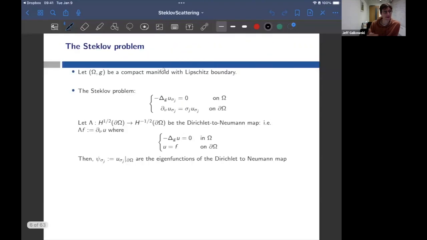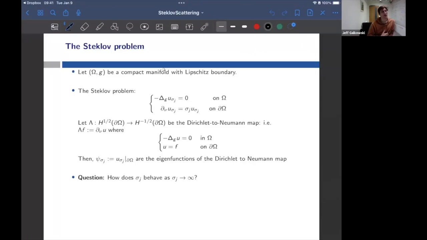So the question is, what are the eigenvalues and eigenfunctions, or their harmonic extensions, of the Dirichlet to Neumann map? That, if you wish, is the Steklov problem. I am a high energy person, so I'm interested in what happens as this eigenvalue goes to infinity.